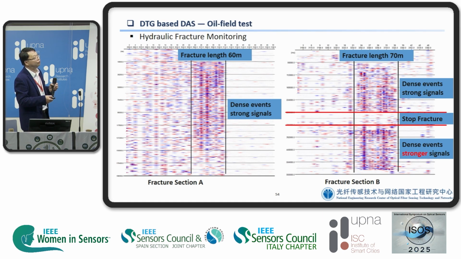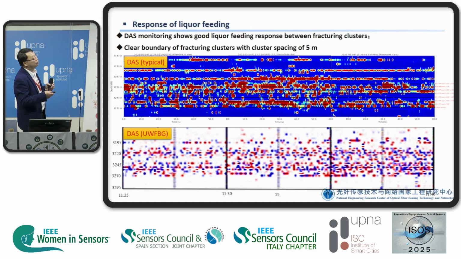For example, here for the dense events with the strong signal, and if you stop the fracture, then there's no signal, and then the fracture comes again, then you have also dense signals. In this sense, they can monitor the procedure to get an optimized system.